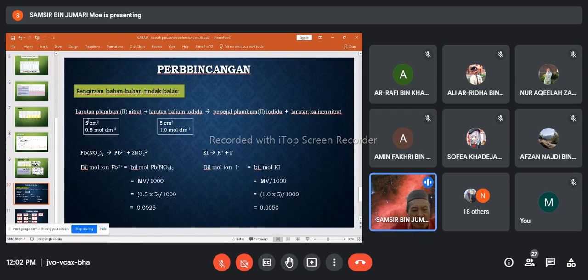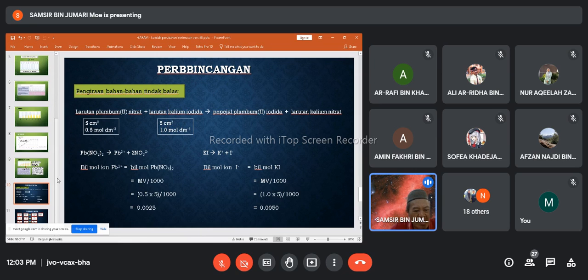Okay, katalah kita gunakan larutan lead(II) nitrate tadi tu 5 cubic centimeter with the molarity of 0.5 molar and react together with 5 cubic centimeter with the molarity of 1 molar. How do we know this is 5 cubic centimeter?